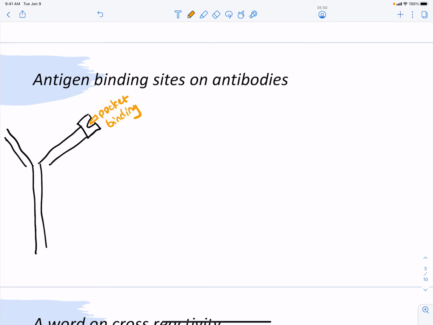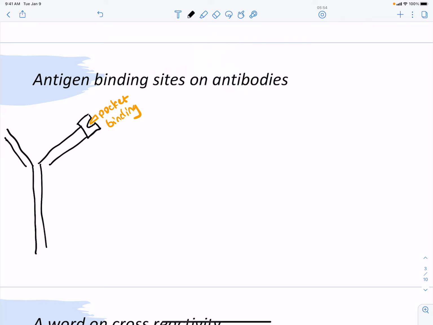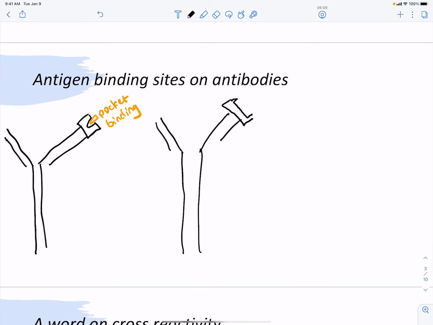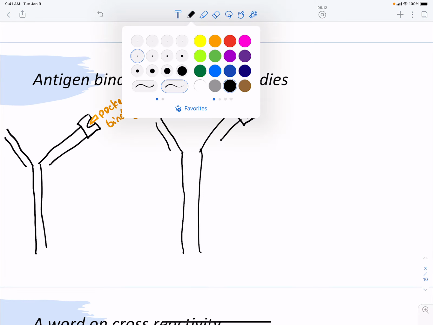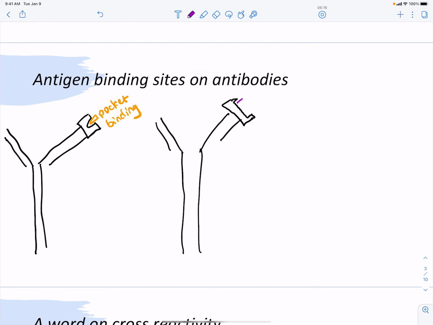And then if you have a larger antigen, this antigen might instead, sorry about that, fit into a groove. Make a different color. And so this would be a groove.